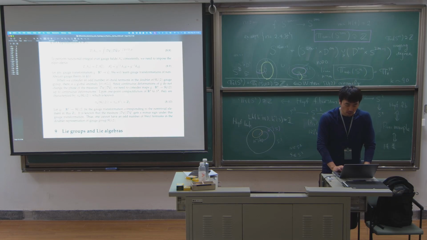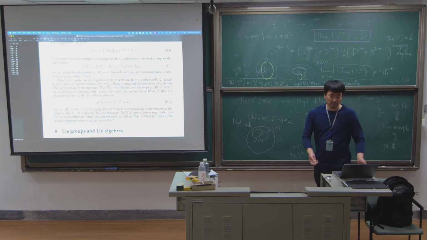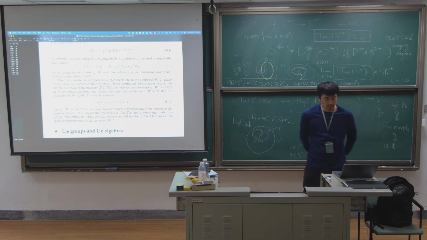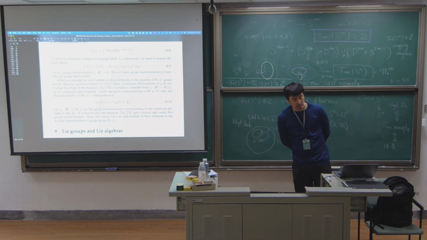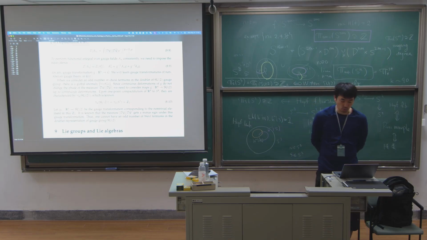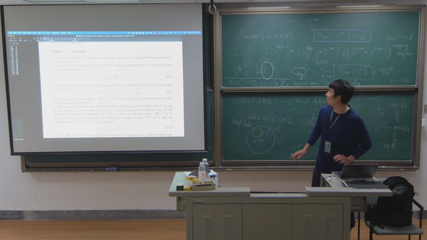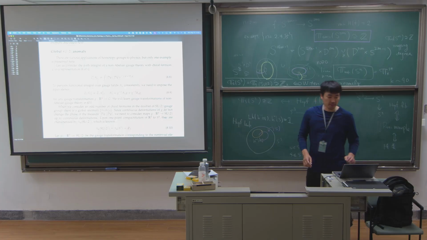Therefore, the theory becomes anomalous, which is called Witten's global anomaly. So you cannot have an odd number of Weyl fermions in the doublet representation of SU2 in 1+3 dimensional space-time. That is one example of how the homotopy group appears in physics.